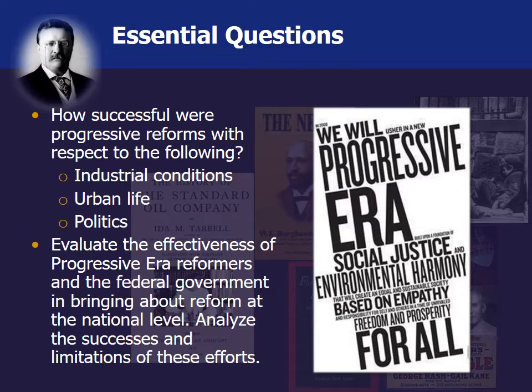Then we want to evaluate the effectiveness and analyze the limitations. Why did the progressive era end at a specific point in time? What else is happening in the world that takes our attention away from reform and into other issues?